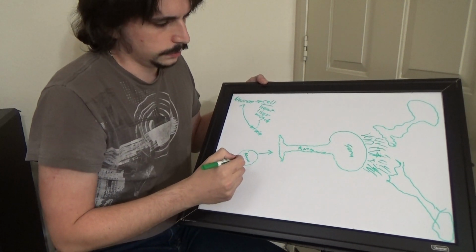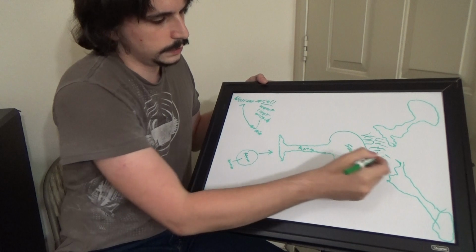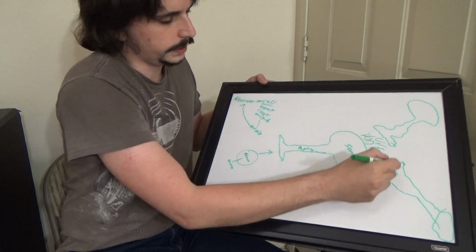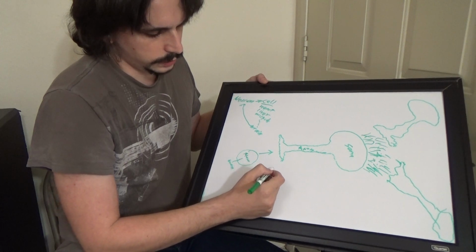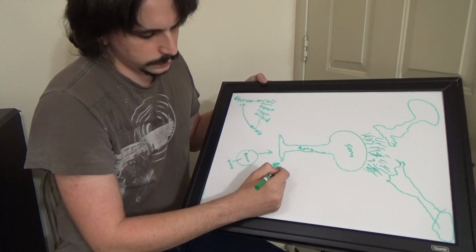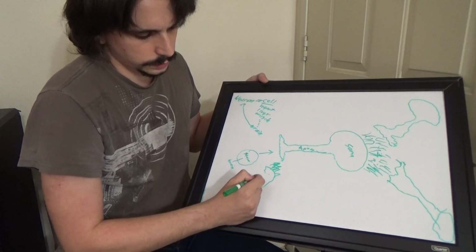And then, so these are more axons, and then you can have the dendrites of a cell here.